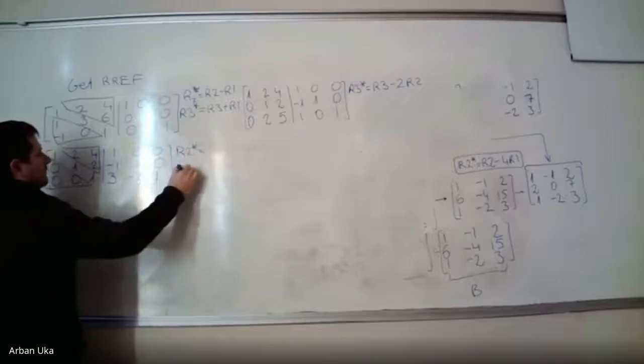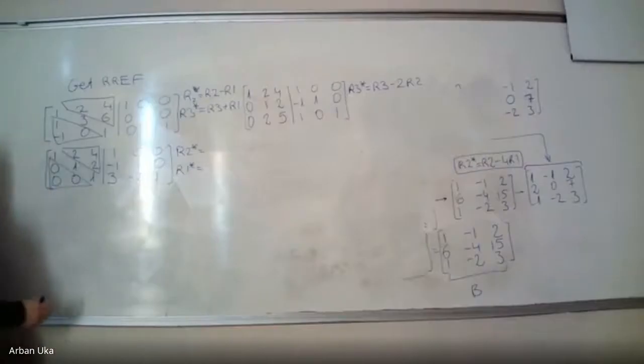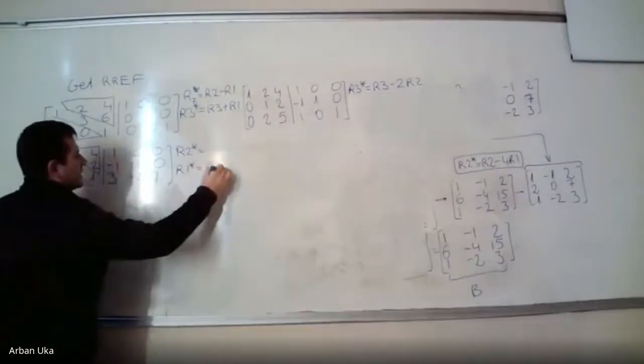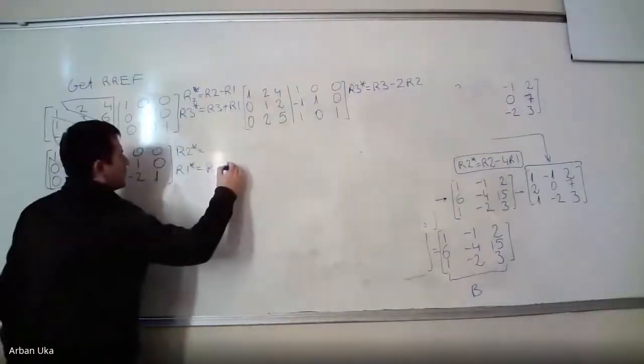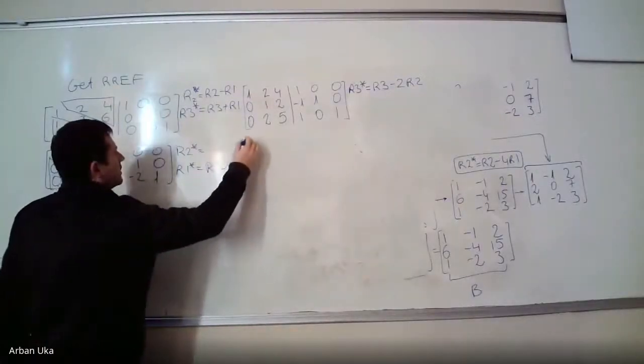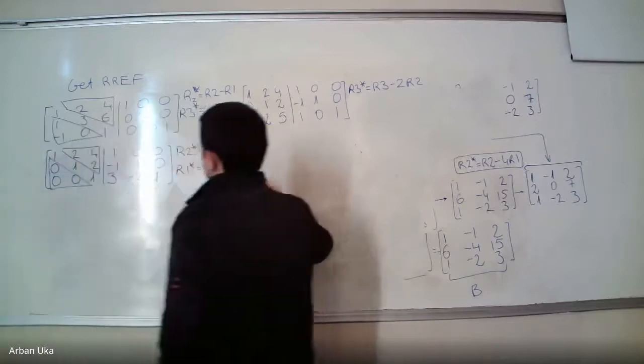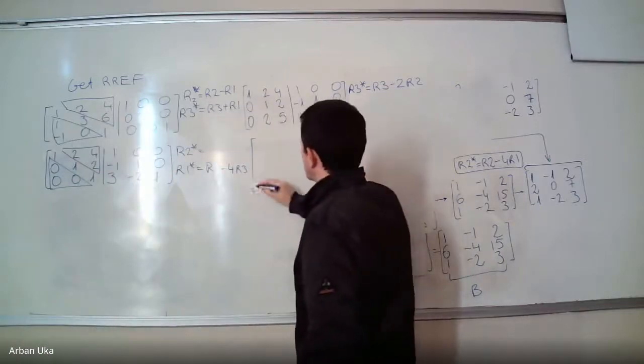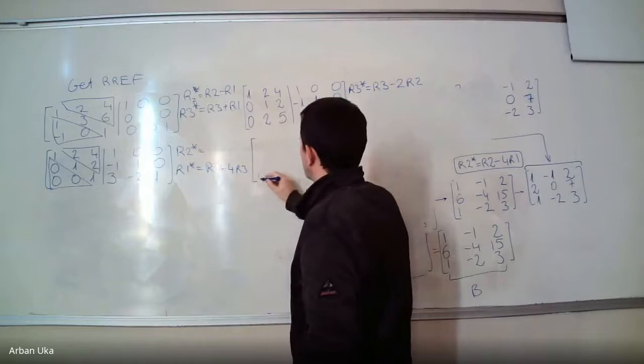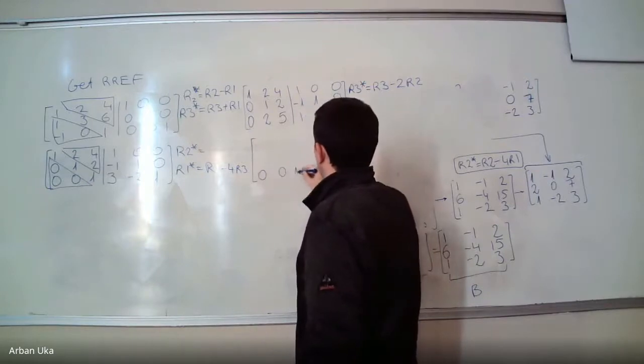We can write row 1 star equals row 1 minus 4 row 3. So the third row does not change because it's a pivot row. And here we get 0, 0, 1.